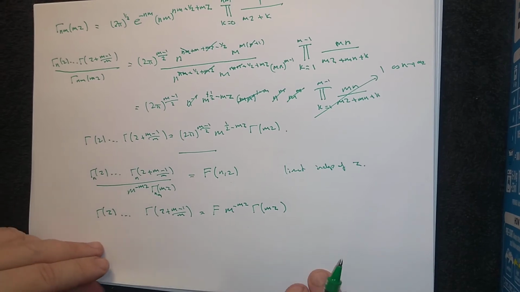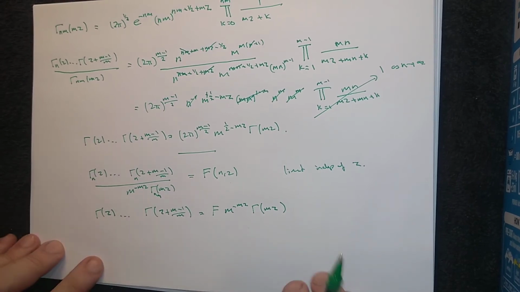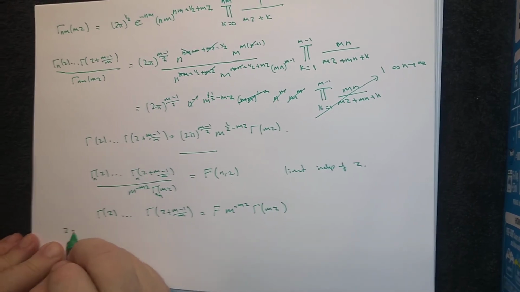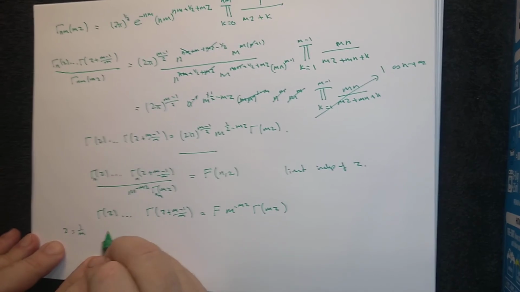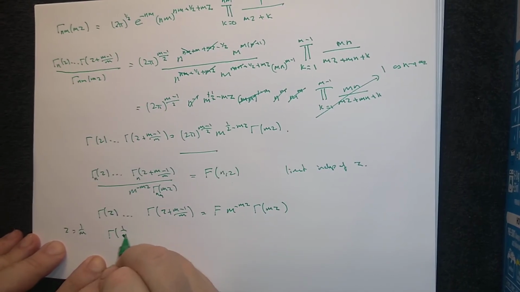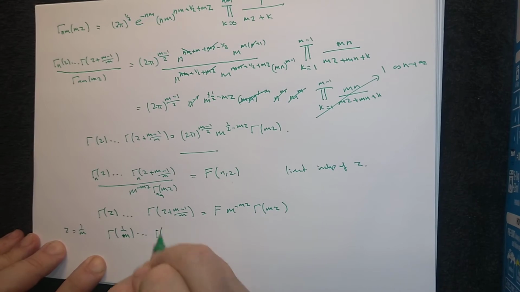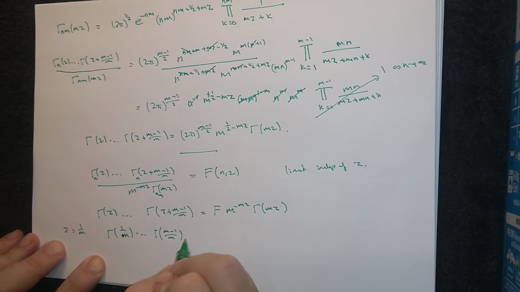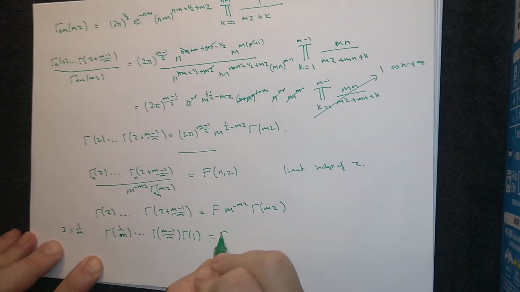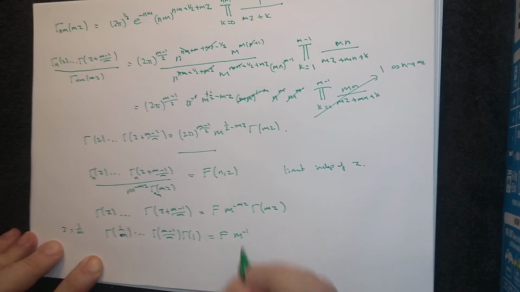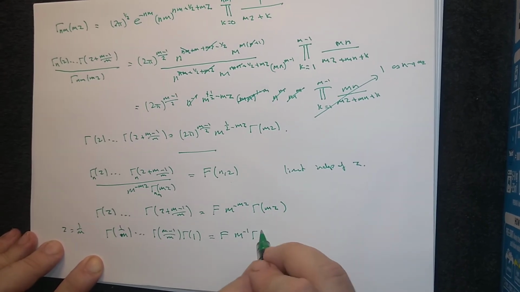We need to find f. Well, we can take z equals 1 over m in here, and we'll get gamma 1 over m, so gamma m minus 1 over m times gamma 1 is f m to minus 1 times gamma 1.